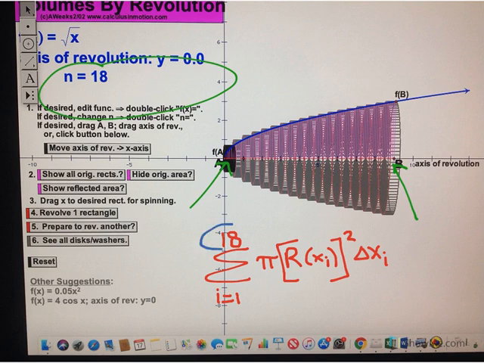And you can see the upper limit of summation is 18 because we have 18 subintervals. And on each subinterval we have a disk or a cylinder. We have 18 cylinders. And this is giving us the sum of the volumes of these 18 cylinders. You can intuitively feel that this will be a better approximation than the one that we had earlier with 9 cylinders.